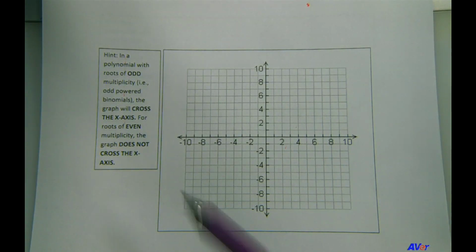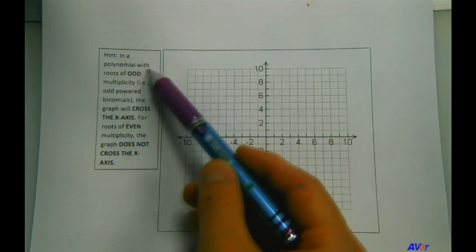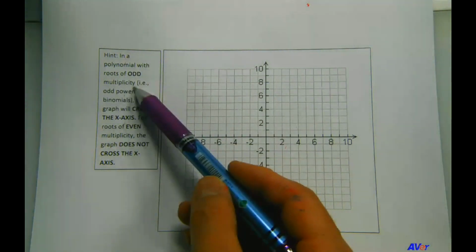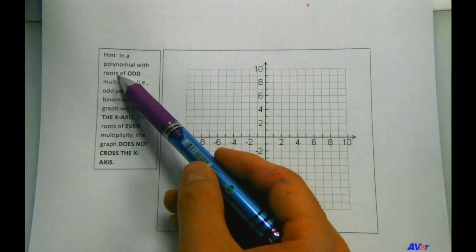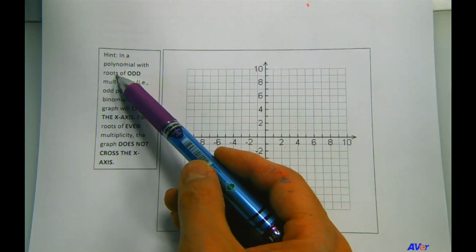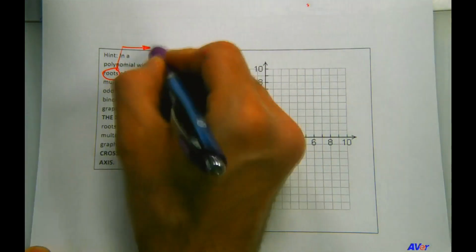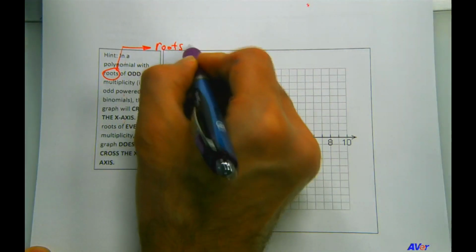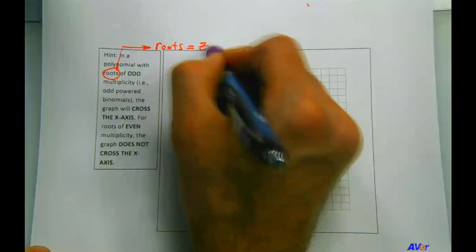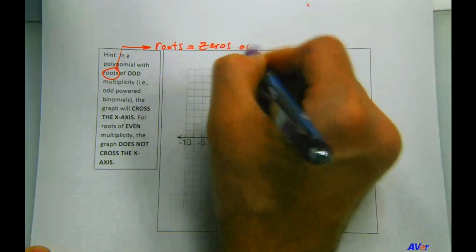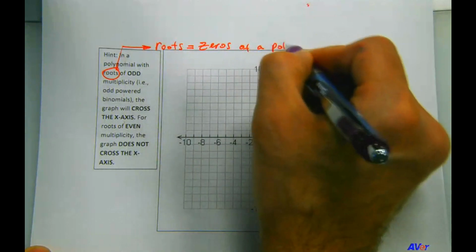Okay, so here I'm saying in a polynomial with roots of odd multiplicity, roots is the same thing as zeros of the polynomial. So roots are equivalent to zeros of a polynomial.